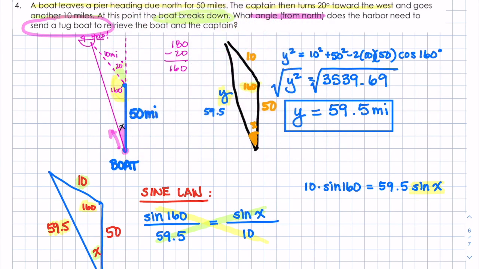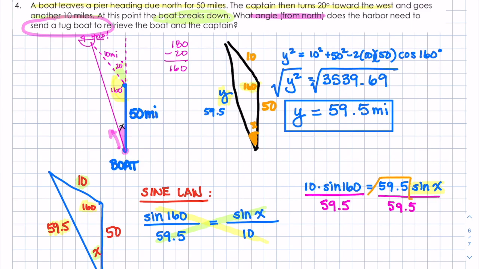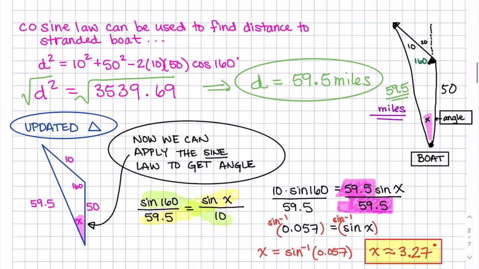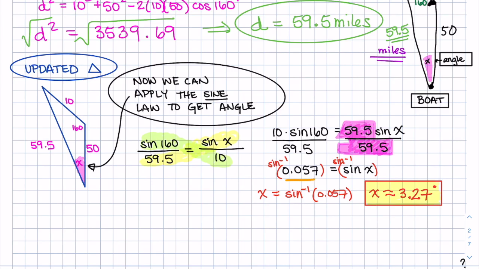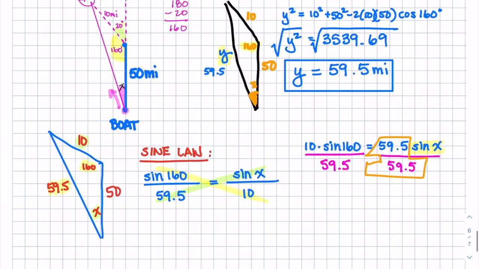So I'm going to divide by 59.5. And this will turn into a big number 1. And then let me cheat real quick. I already solved it. So the division, the ratio ends up being 0.057. So I get 0.057 is equal to sine x, right?